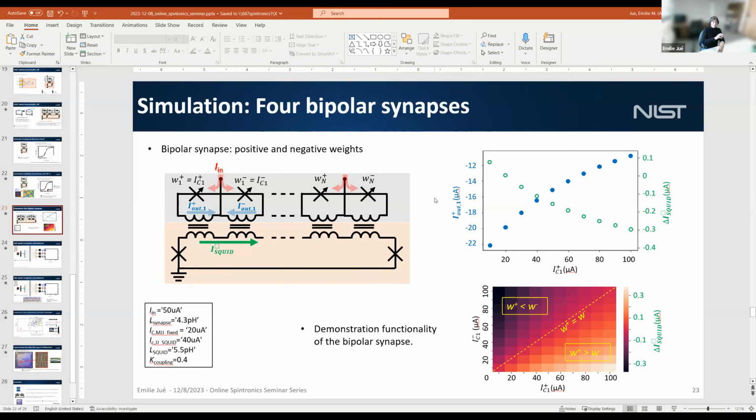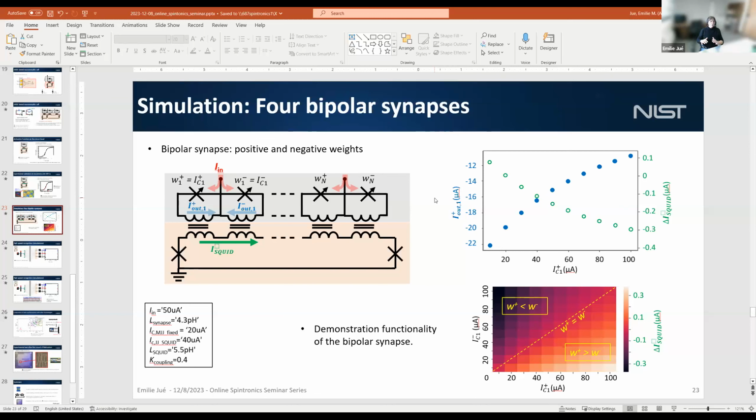The idea would be that we could use our nanoclustered magnetic Josephson junction just to control the output of this reservoir computing. The advantage of reservoir computing is that you need to modify the weighting only on the outside, on the postsynaptic neurons, so on the output of the network.